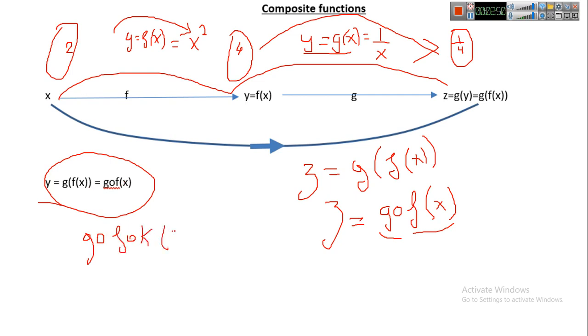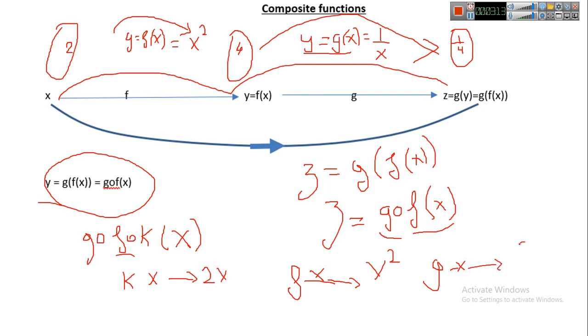Suppose the first function is k, where if you have x, you double it, and then you have the function f, where you square it, and the last one, suppose g, where you divide: g of x will be 5 over x.